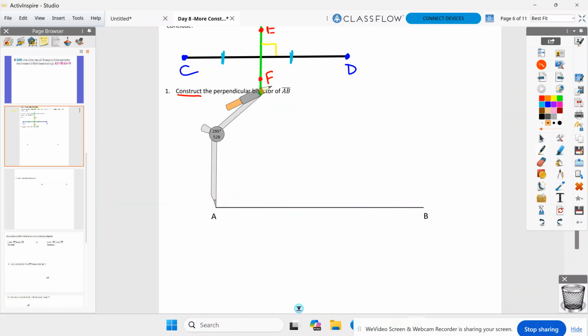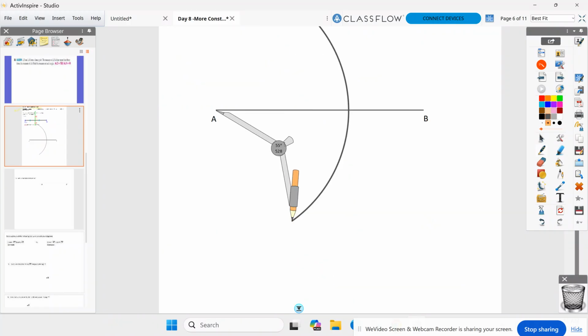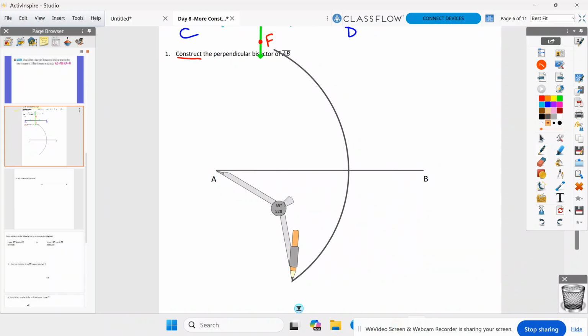What you want to make now is about a half circle size arc. This is the biggest one I'll have you make this year. Keep that opening the same. Do not close your compass afterwards.